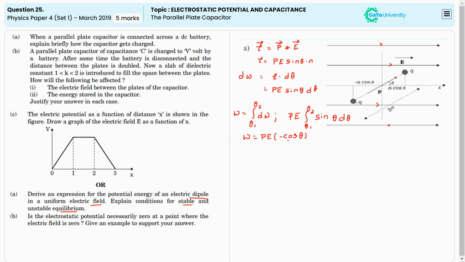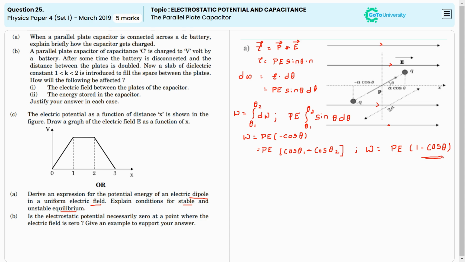Applying the limits 1 to 2, this becomes PE into cos theta 1 minus cos theta 2. Then with theta 1 equal to 0 and theta 2 equal to theta, W is equal to PE into 1 minus cos theta. This is the work done equation.